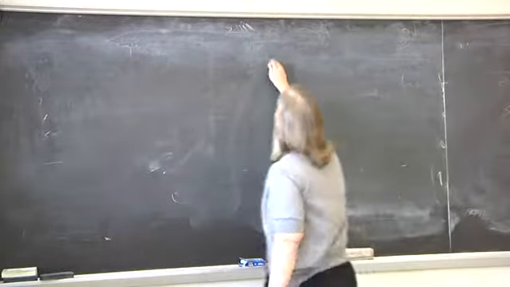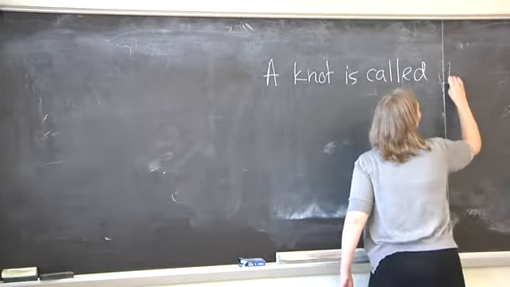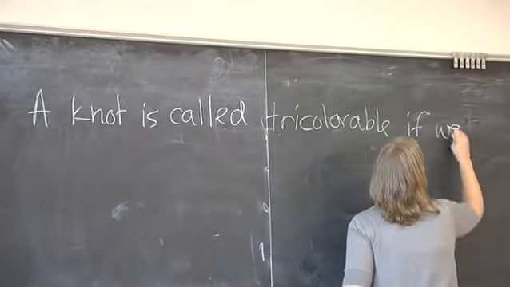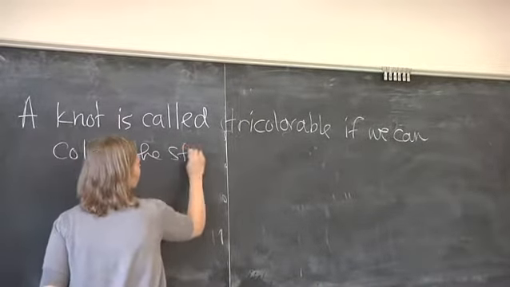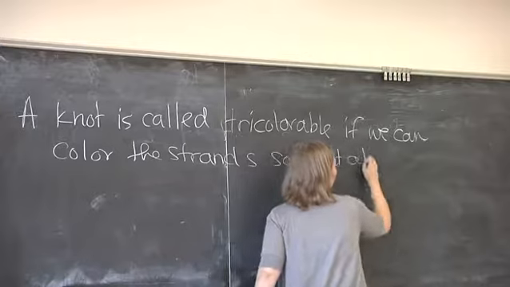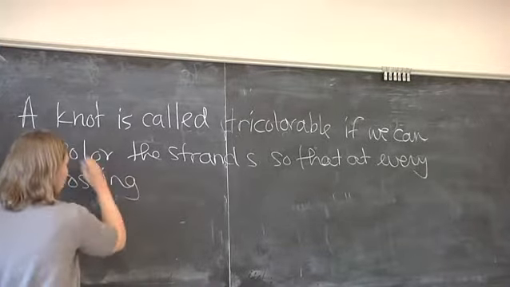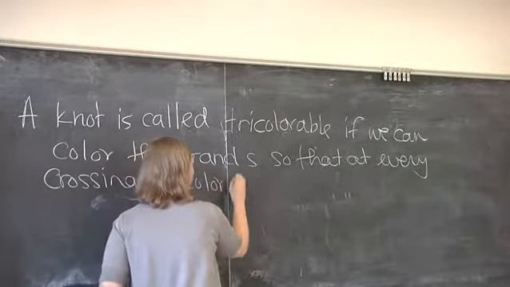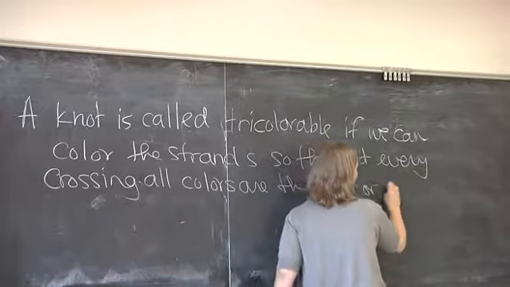Okay, so a knot is called tricolorable if we can color the strands, literally color them, so that at every crossing, all colors are the same, or all colors are different.